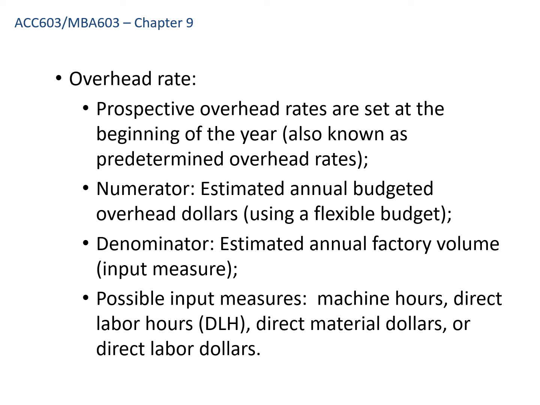So in that case, machine hours really drives the overhead cost that's required. The more machine hours that are required for a product or a job, the more overhead should be associated with that. Direct labor hours, I would choose that measure if the majority of my overhead was supervision related. The more workers I have working hours, the more supervisors I need.